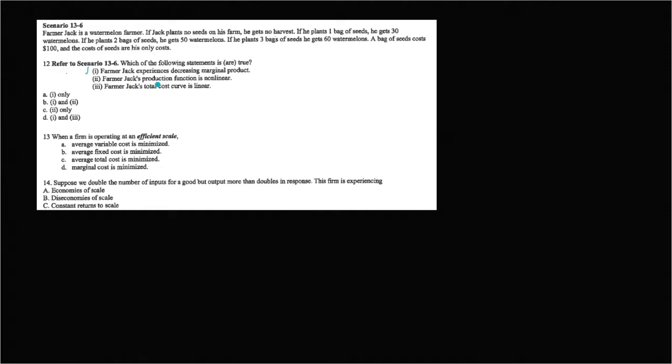Farmer Jack's production function is non-linear. Yes, that would be correct too, because the output is not constant with respect to the bags. We're not putting price here, we're putting output, and the output is decreasing with increasing quantity.